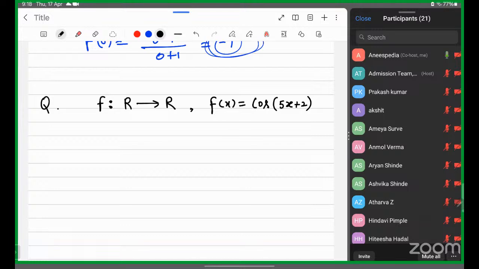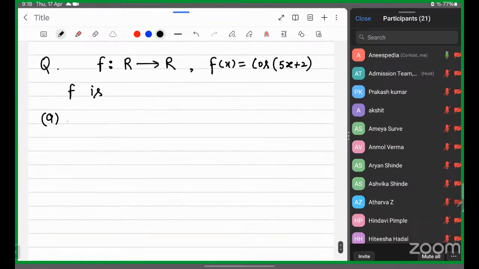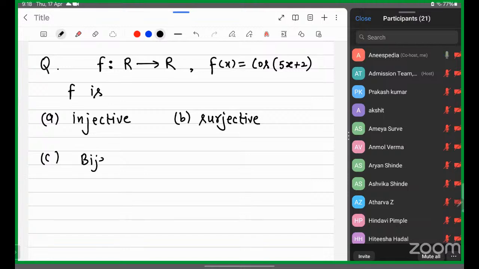Then f is, options are: option A injective, option B surjective, option C bijective, and option D none of these.